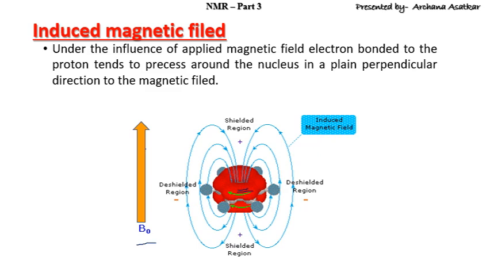The pi electrons move above and below the benzene plane. This moving pi electron cloud will create an induced magnetic field when we apply the external magnetic field.